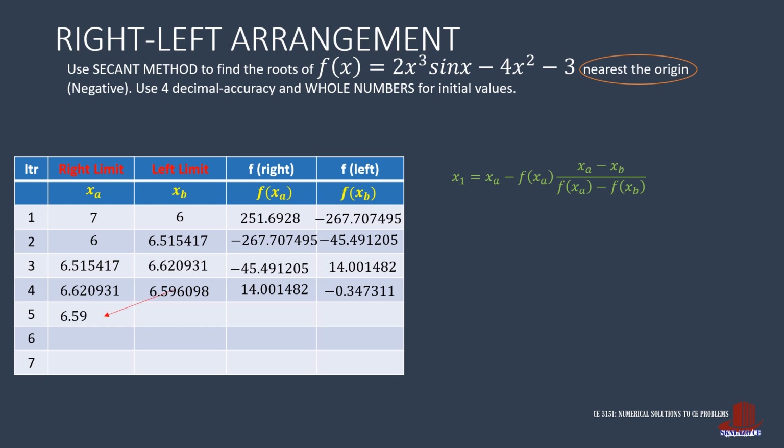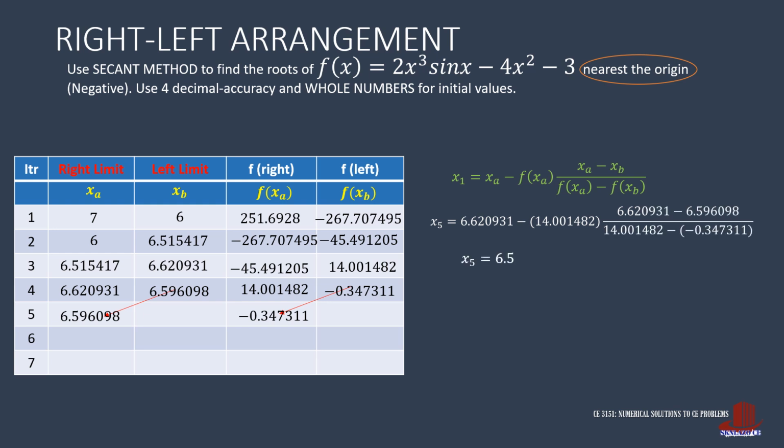Then again, slide xb and f of xb to the other side. Then solve for the new xb from the values of the fourth iteration. The outcome is 6.596699.